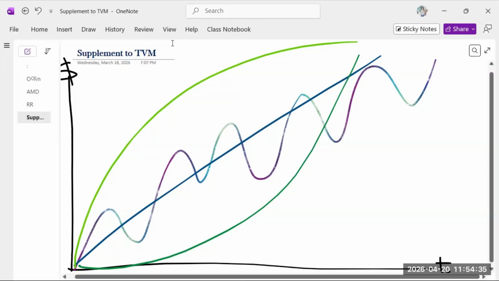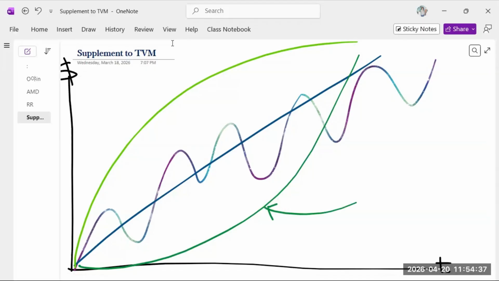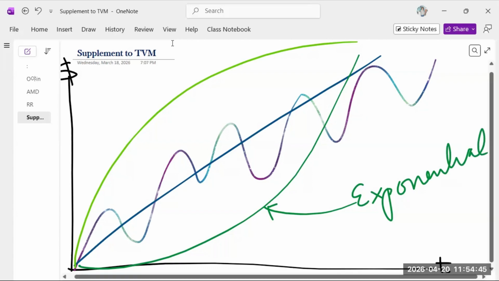And this type of pattern is exponential, and it will be defined by an exponential function.